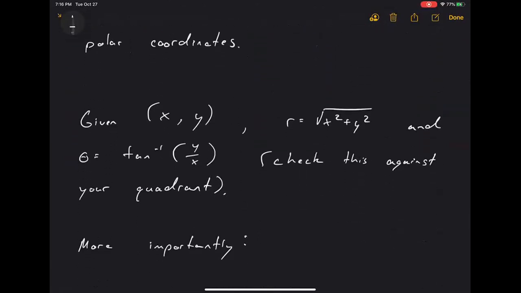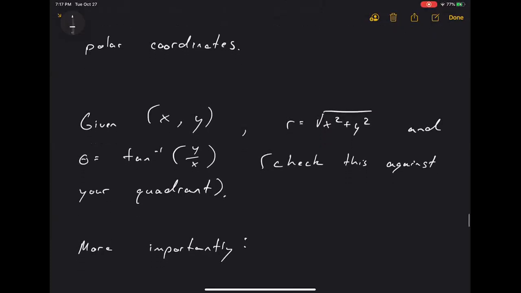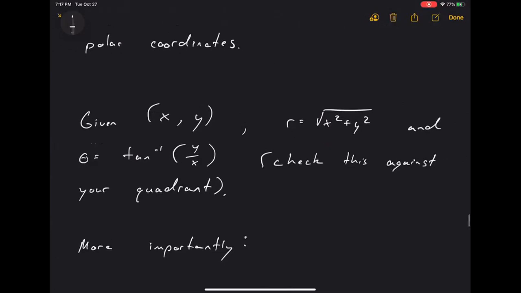If you've reviewed the polar coordinates video from my Calc 2 class, or just on your own, maybe you recall, if we're given x and y, and we want to convert into r and theta, well, r is equal to the square root of x squared plus y squared, and theta is equal to tan inverse of y over x.